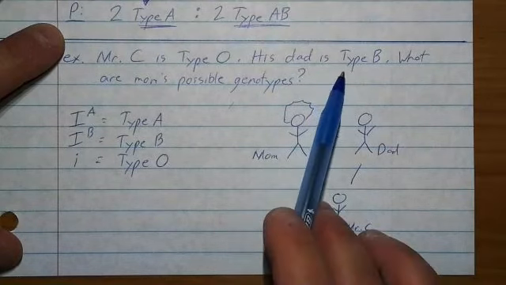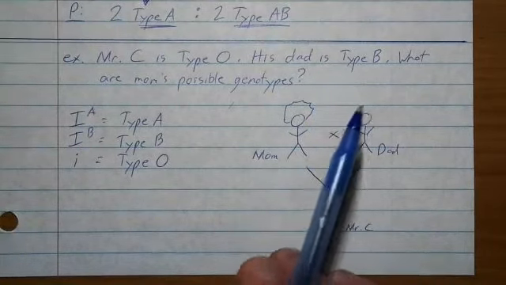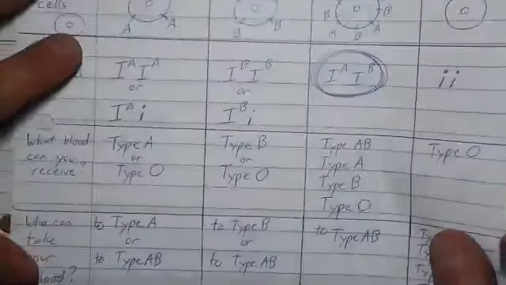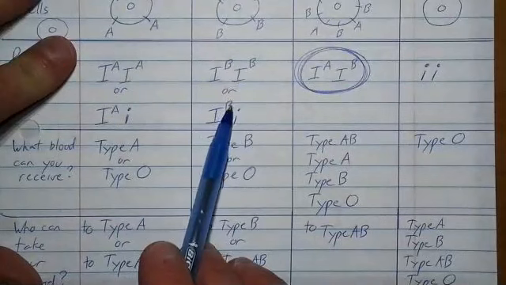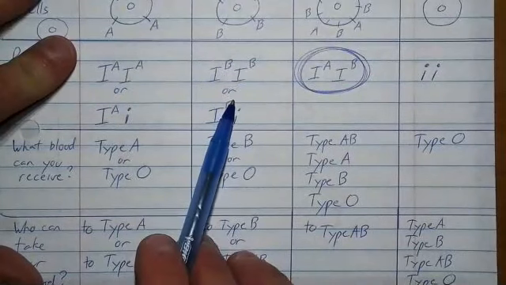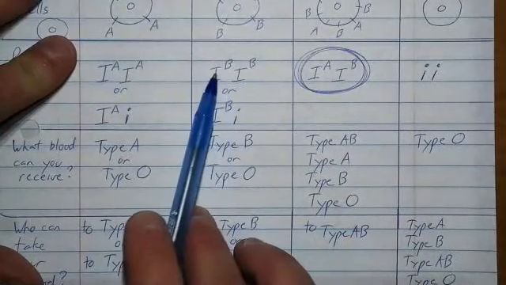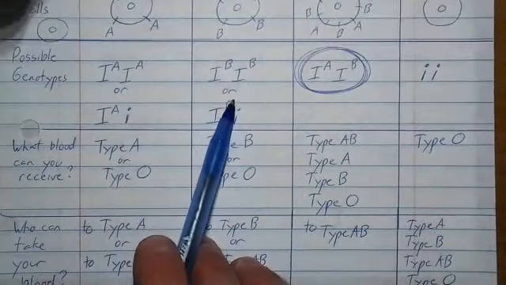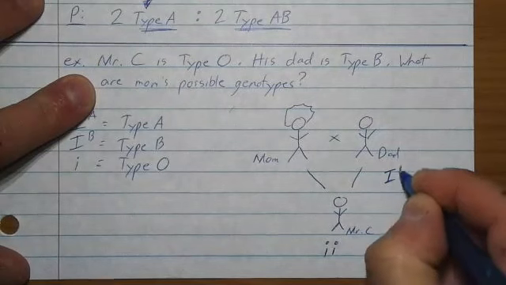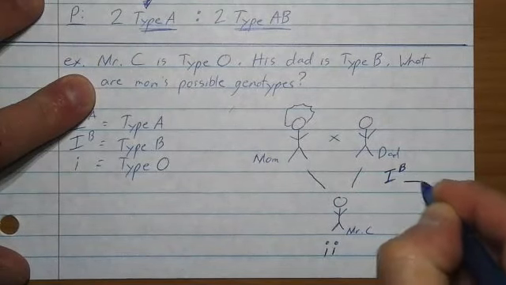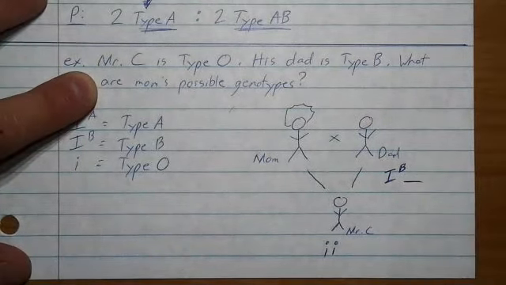All right, my dad is type B. Okay, in order to be type B, you could be capital I^B, I^B, or just one capital I^B with a lowercase i. I don't know which one he is, but I know that he has at least one capital I^B. So I'll put it right here. What that other one is, not sure.